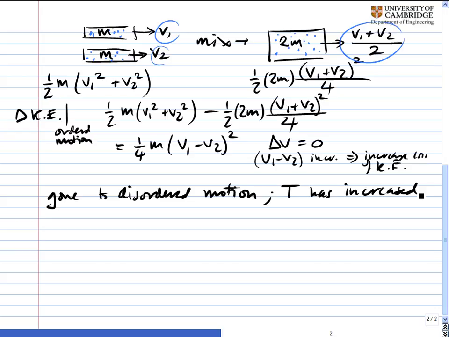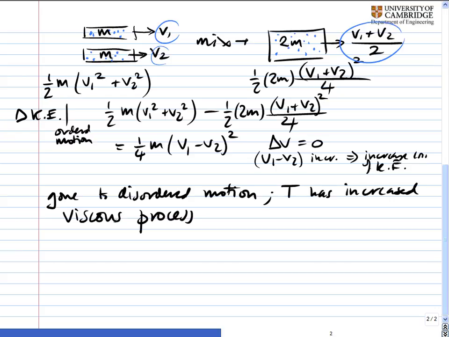So we can get that argument by thinking about the molecules if we want to. But if you were to talk in terms of a continuum, you'd say that this was a viscous process. In other words, it's really due to the fluid's viscosity and the fact that these molecules exchange momentum by bumping into each other.